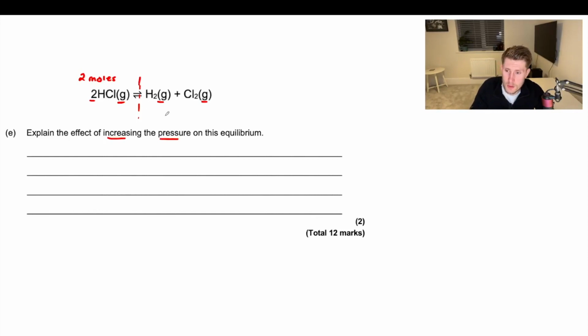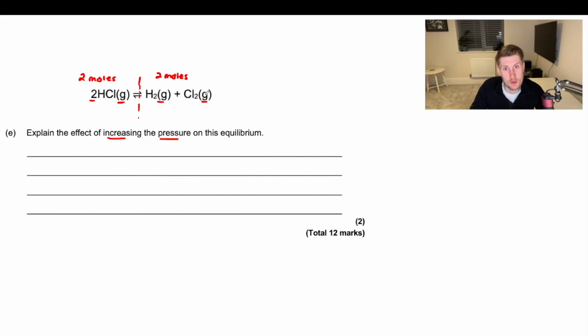On the right we also have 2 moles of gas. We have 1 hydrogen molecule here and 1 chlorine molecule here, so 2 moles of gas. So in this case, increasing pressure would do nothing to the reaction. So it would effectively speed up the forward just as quickly as it would speed up the reverse. It would have no effect.